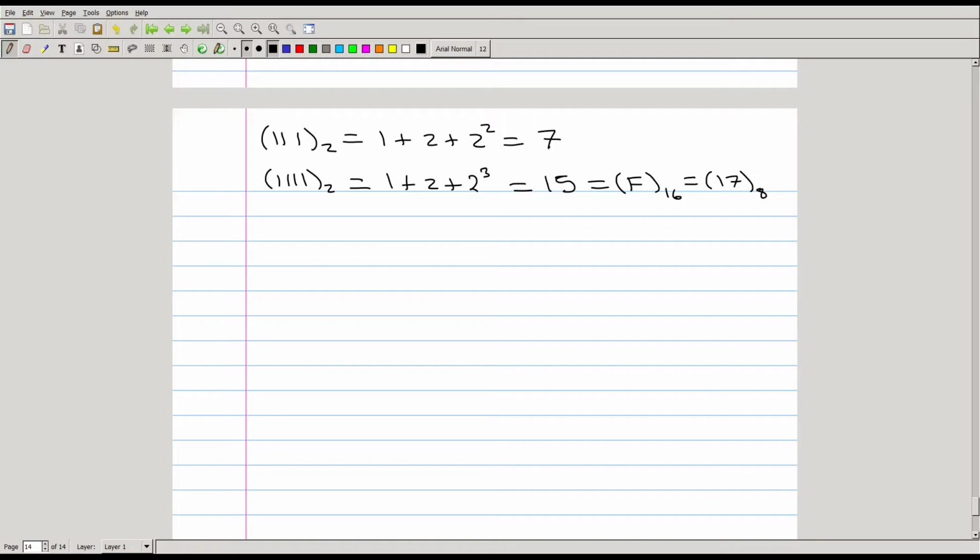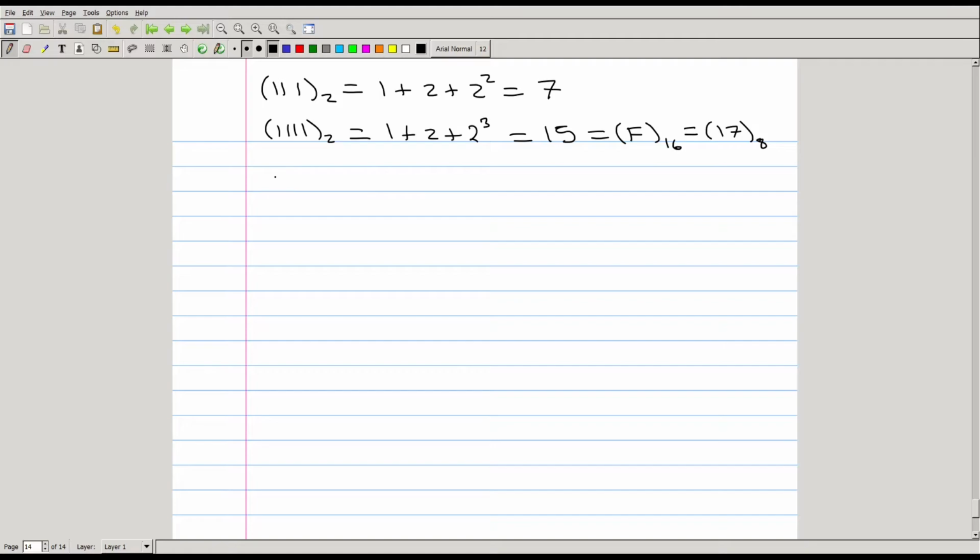And if you look at this table for a little while and you think about these conversions, you should see that there's a relatively straightforward manner to convert from binary, octal, and hexadecimal to one another.